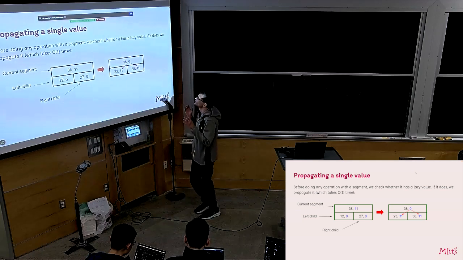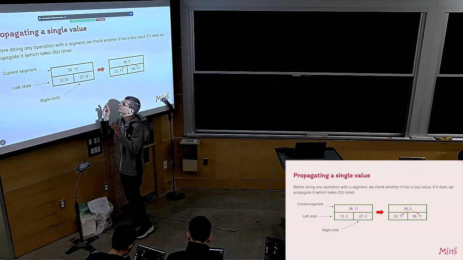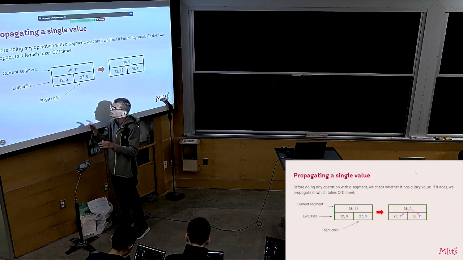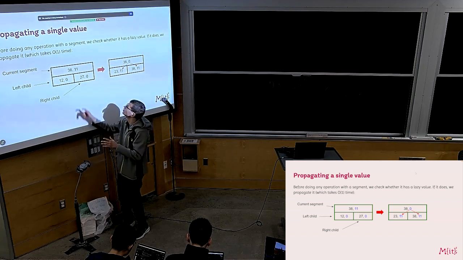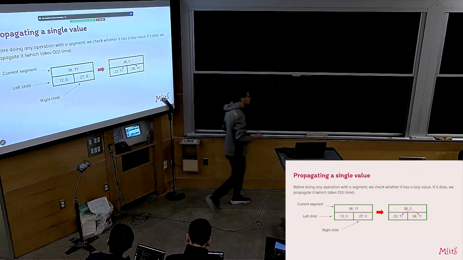And now for max specifically, this can be propagated efficiently. Because for this segment, I know that it represents some array such that the maximum value in that array is 12. And then it receives an update that increases all of the values by 11.